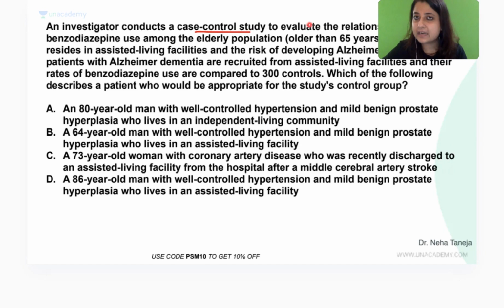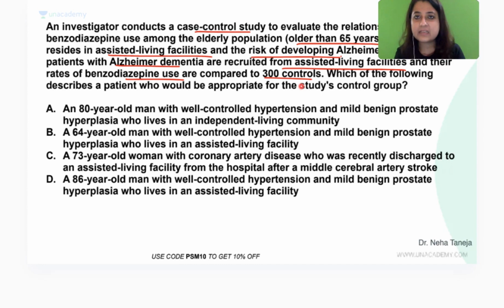There is a case control study to evaluate the relationship between benzodiazepine use among the elderly population. What are my cases, guys? Older than 65 years of age that reside in an assisted living facility, and the risk of developing Alzheimer dementia. 300 patients with Alzheimer dementia are recruited from assisted living facilities and the rates of benzodiazepine use are compared to 300 controls.